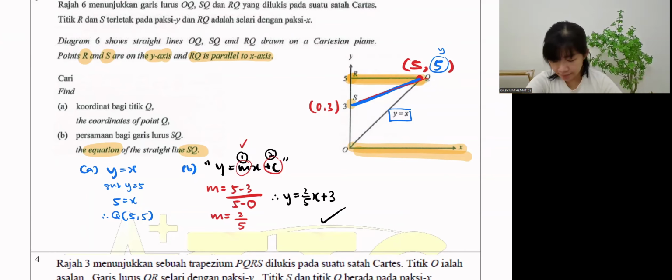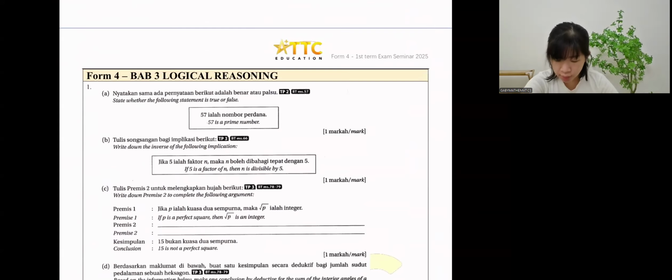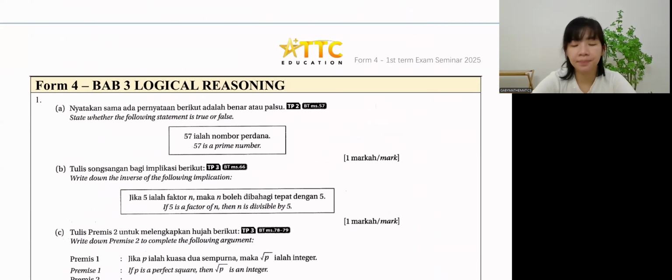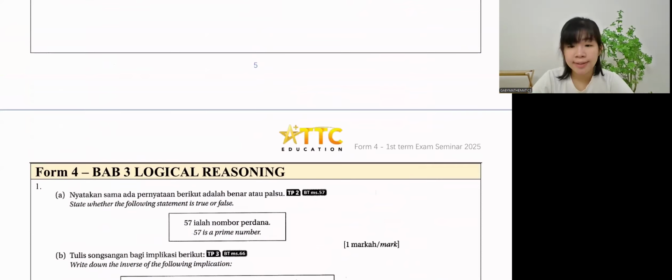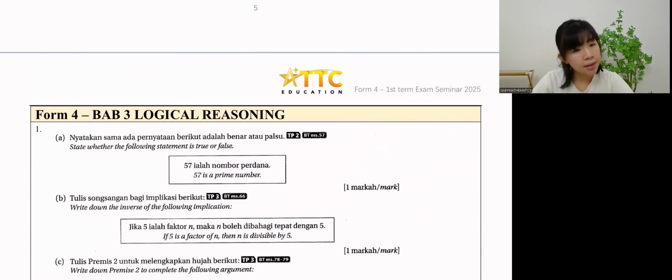Okay, next topic, guys. Anyway, we still need to do a bit of chapter 3. Go back to number 6, page 6. Your exam will definitely cover chapter 3. Make sure you know everything here. Come on, page 6. Okay, let's start.